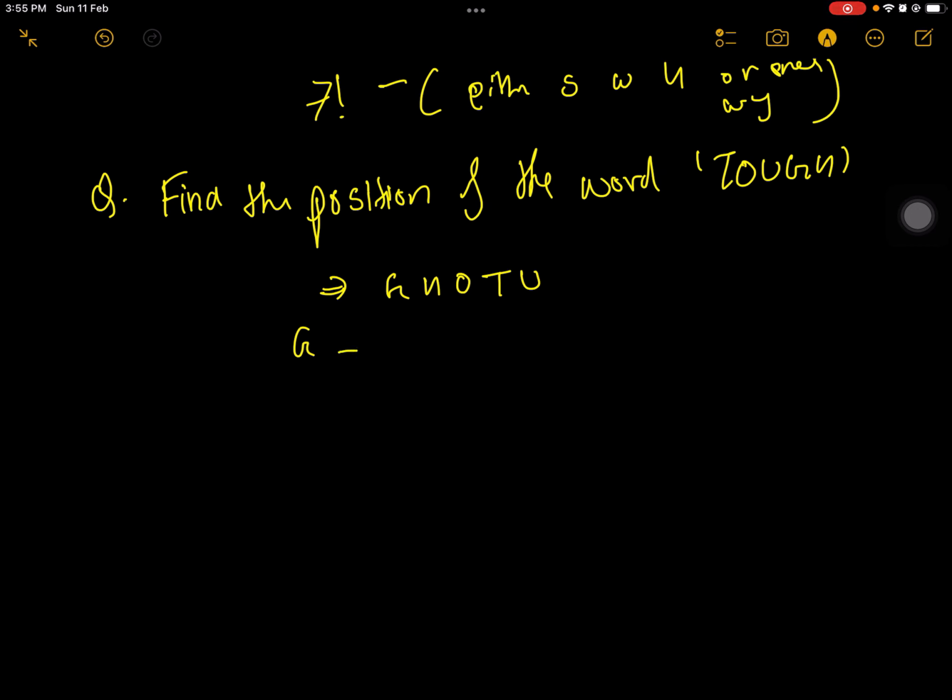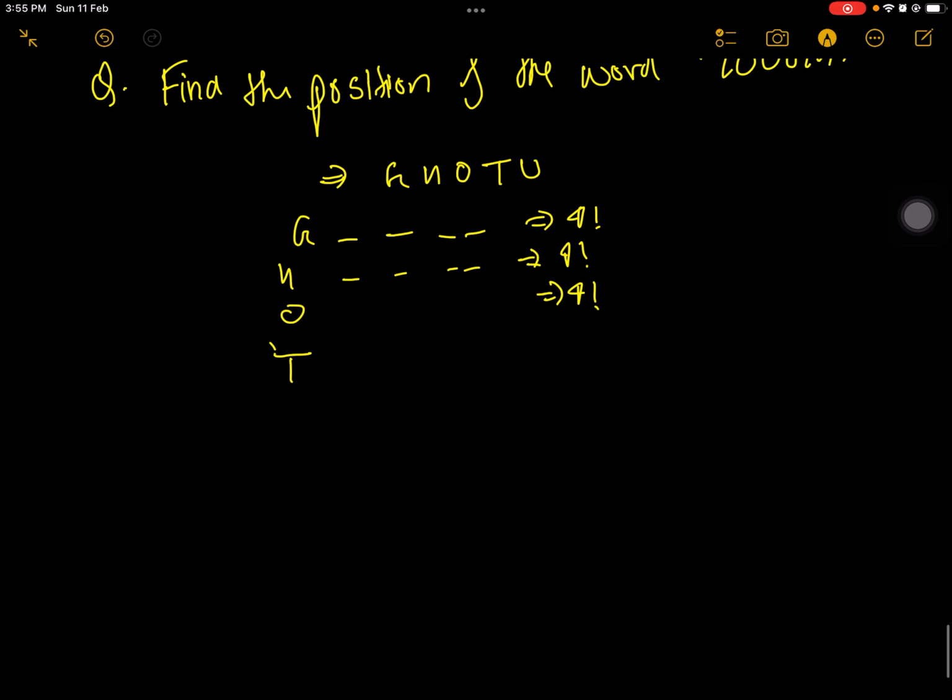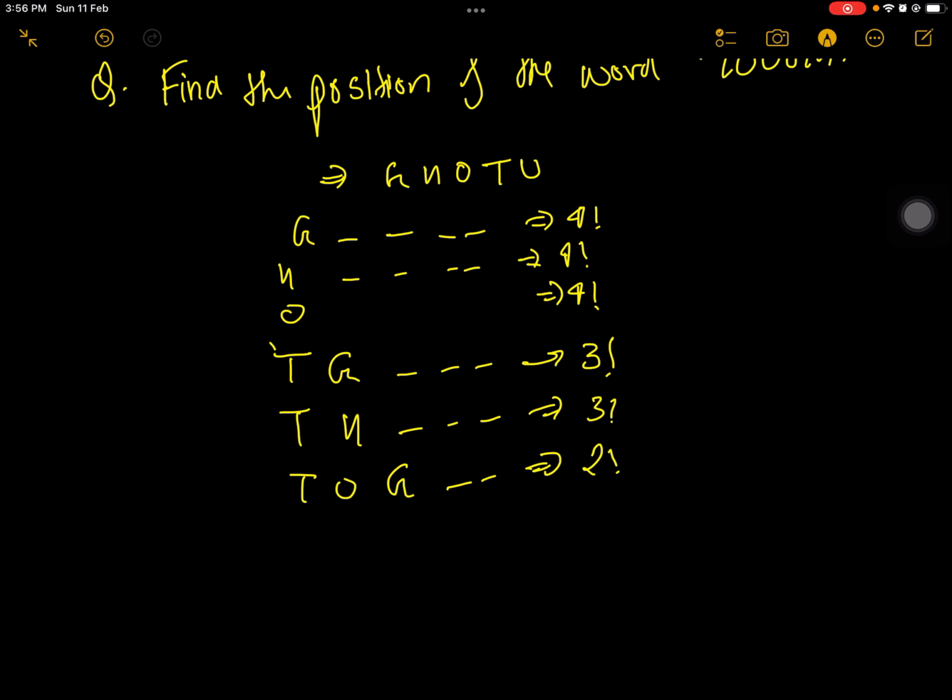If you put 1, 2, 3, 4, 4 factorial, H 1, 2, 3. Also you have 4 factorial. Then comes T. So I take T and we take G, 3 factorial, and take T and take H, 3 factorial. Now we take T, O, right? And again we take G, 2 factorial.